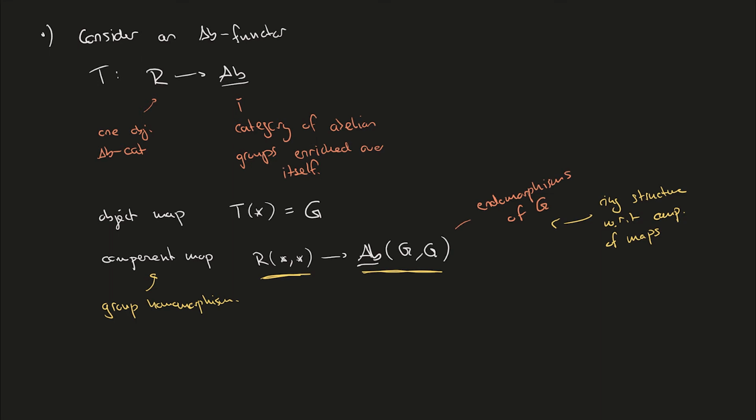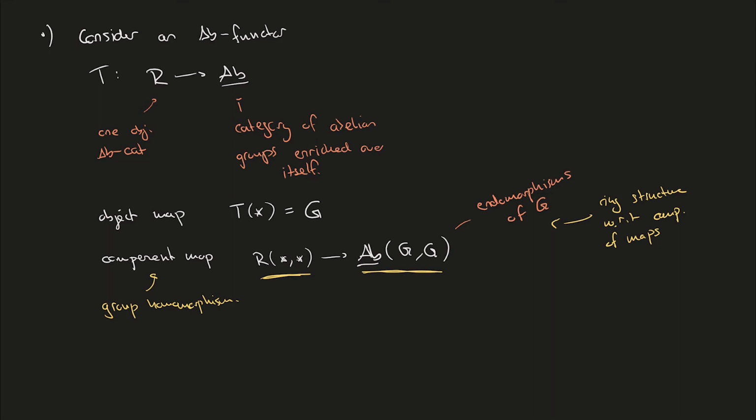Another way of seeing this is by noticing that this Ab-GG is just a one-object Ab category, and we saw previously that this forms a ring with the composition being the multiplication in the ring.